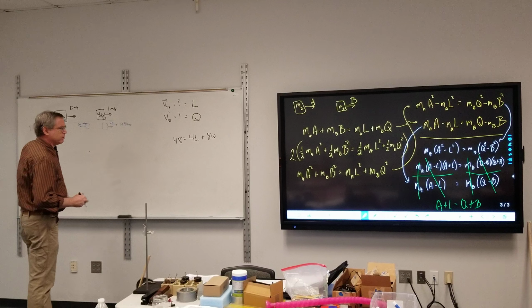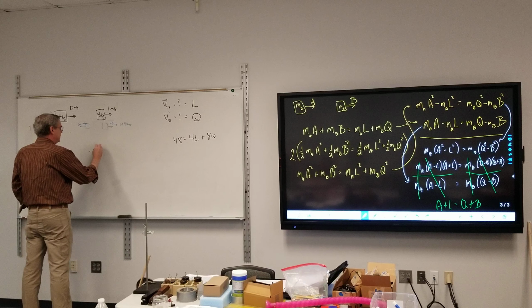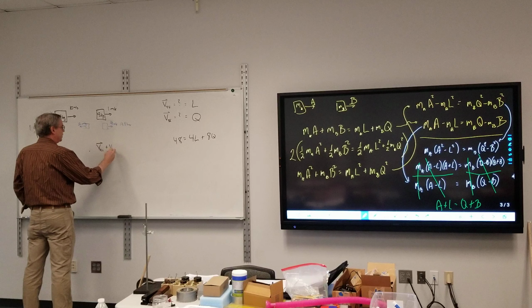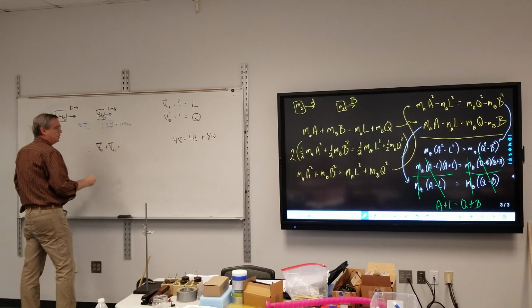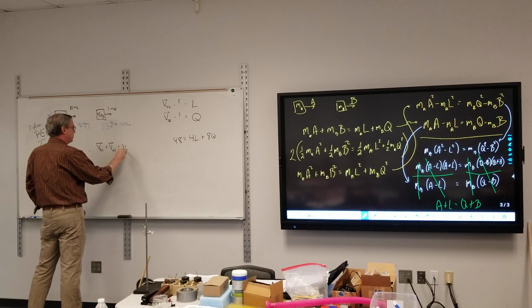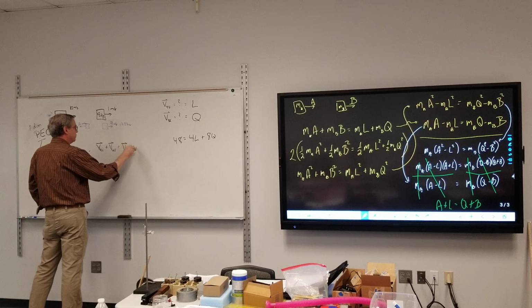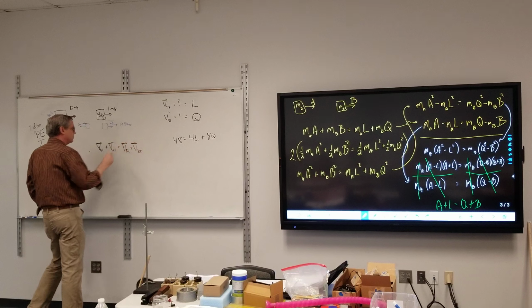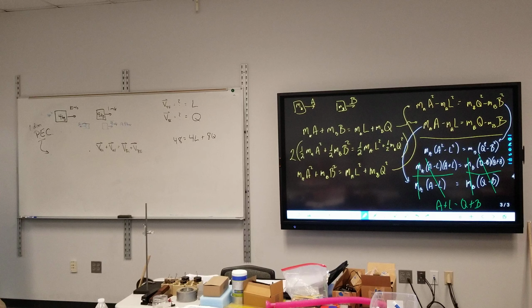Putting back in terms of subscripts here, so I have VA initial plus VA final is equal to VB initial plus VB final. It's not the traditional way of doing it.